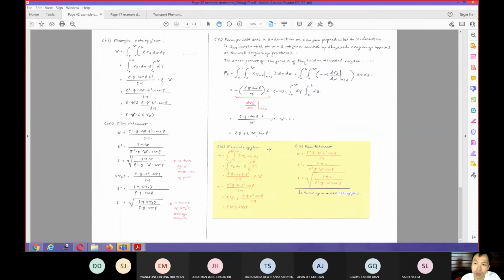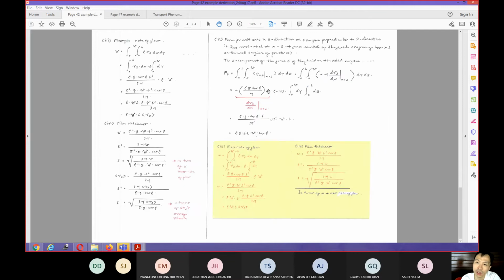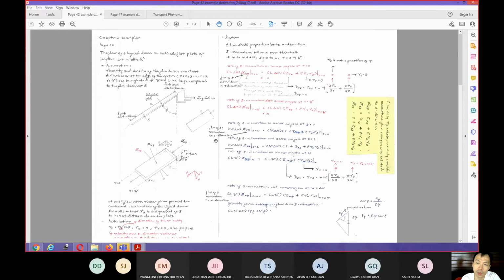So how do you do that again? Shear stress operates tangentially, so it's not operating normally. If you're dealing with a normal pressure surface, a normal force, it's basically whatever you push, and that will be the force. But here it's not. It works tangentially, which is why it's called a shear stress. So what you need to do is integrate with respect to the surface area where it operates.